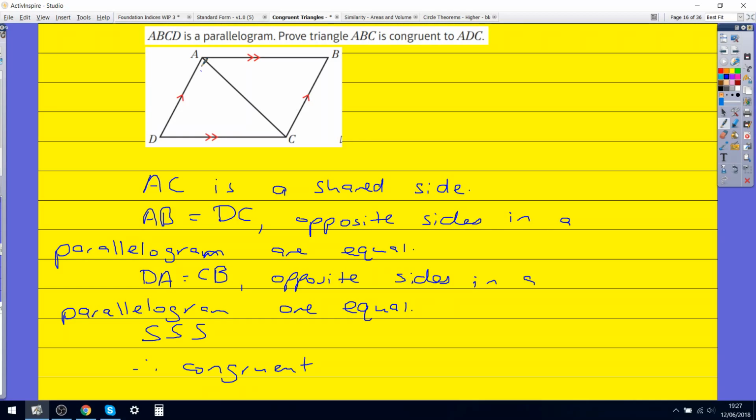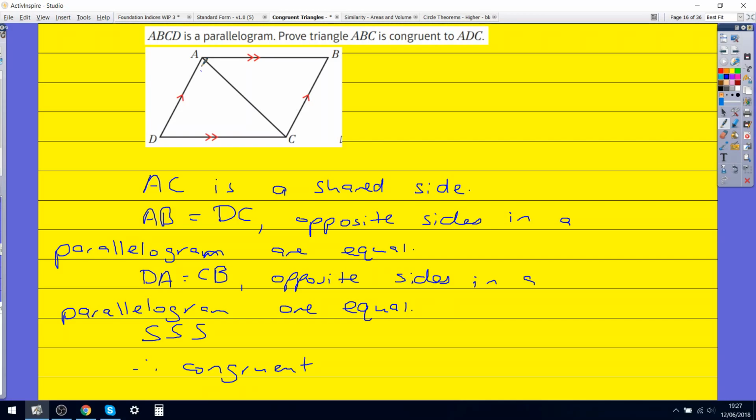Okay, let's try this one. So that is a square. So then XYWZ. Okay, so they're congruent.